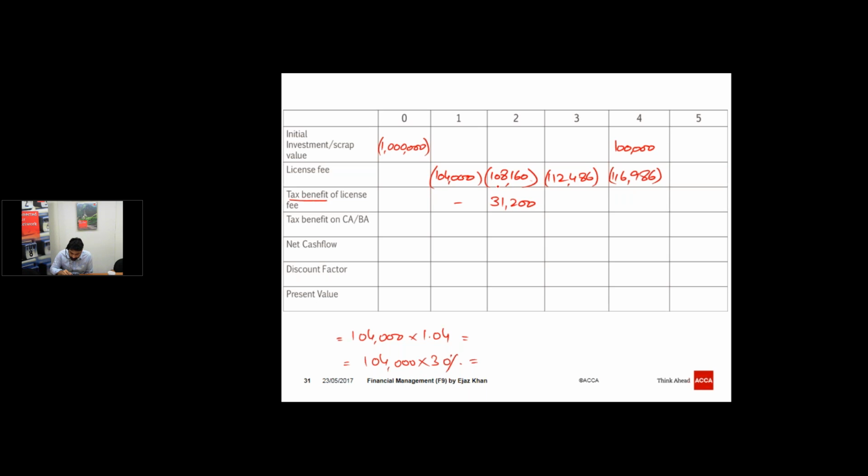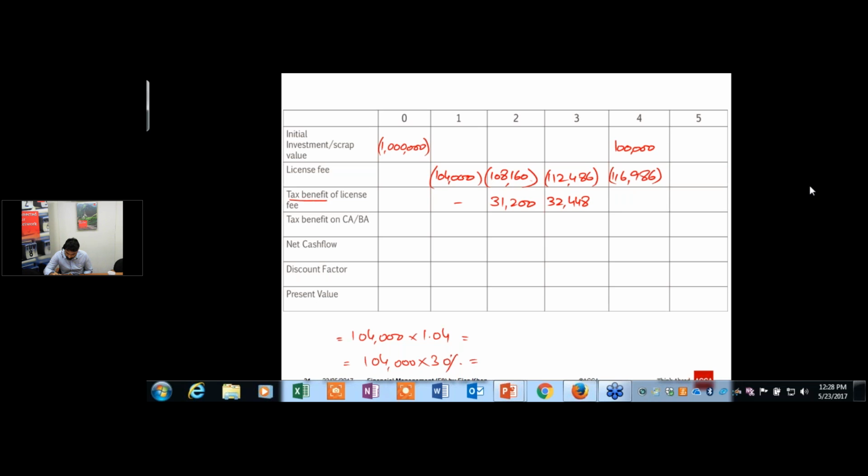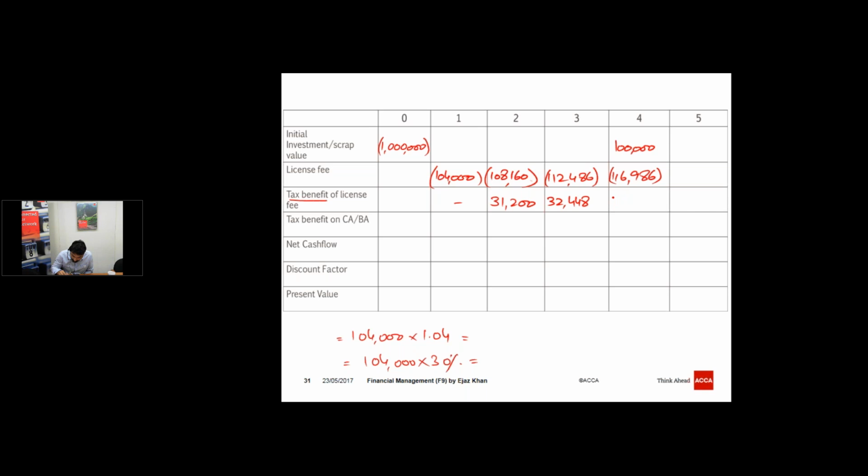Then the license fee for year 2 will be 108,160, and 30% of it will be shown in year 3. It's 32448. Okay. For year 4, 35095, and for the last year, 116986 for the last year.